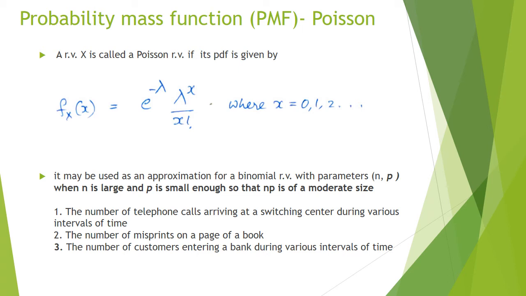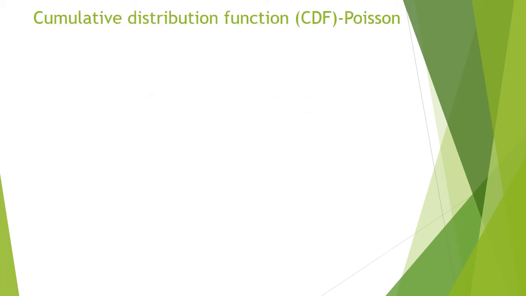More related to queues, we are discussing the Poisson distribution. Some examples are the number of telephone calls, the number of misprints on a page of a book, the number of customers entering a bank during various intervals of time. All those can be modeled using the Poisson distribution.